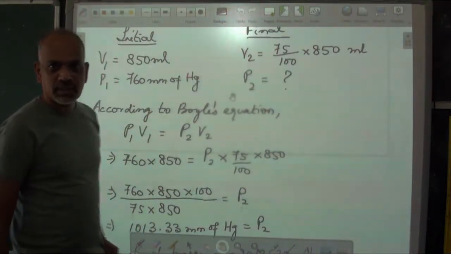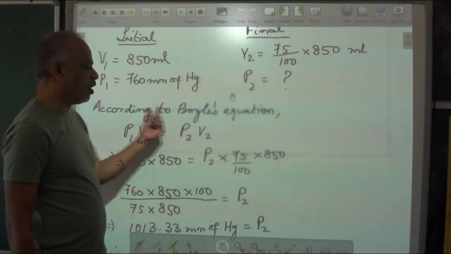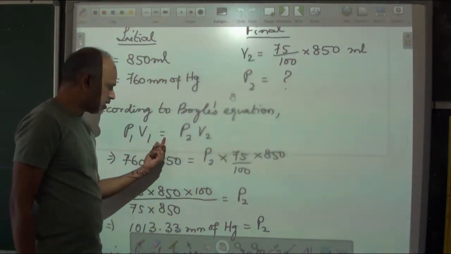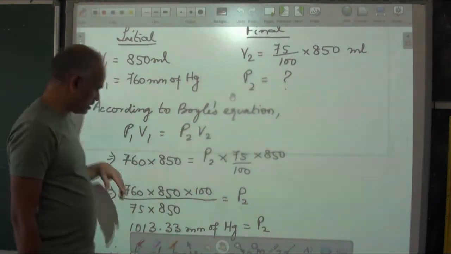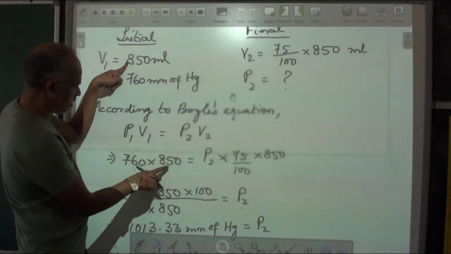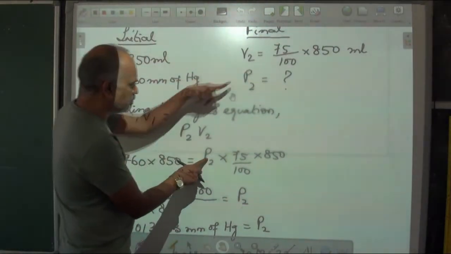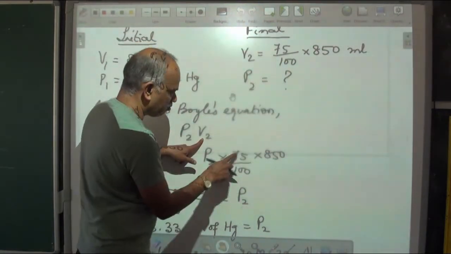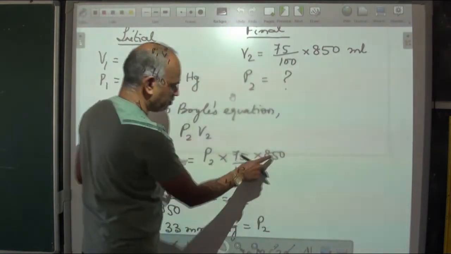Temperature was constant, therefore you will be using Boyle's equation. According to Boyle's equation, P1 V1 is equal to P2 V2. P1 is 760 into V1 is 850 is equal to P2, you don't know, into V2's value is 75 by 100 into 850.